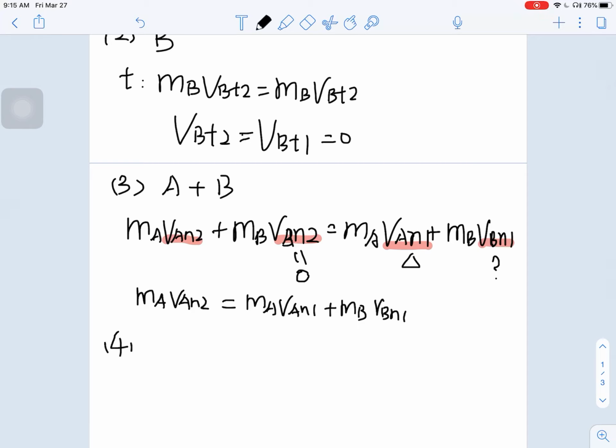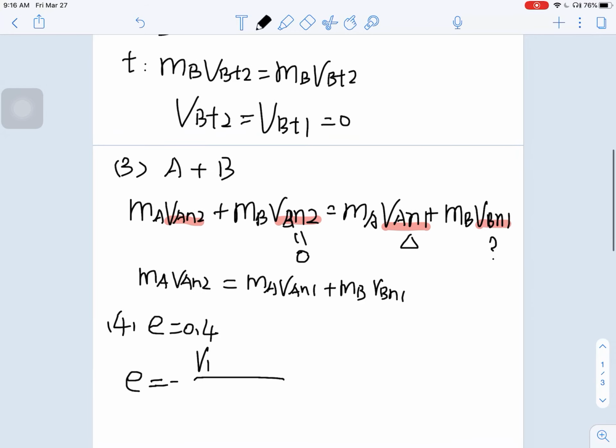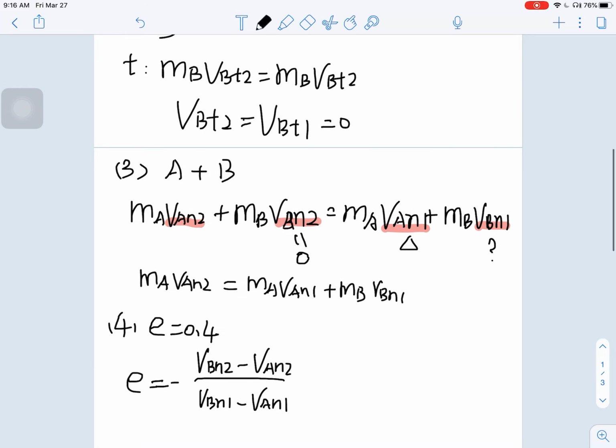The fourth step is to use e equals 0.4 in this example. It's the coefficient of restitution, and the definition of e is e equals negative VBn2 minus VAn2, over VBn1 minus VAn1 on the bottom. We can get rid of the zero terms.